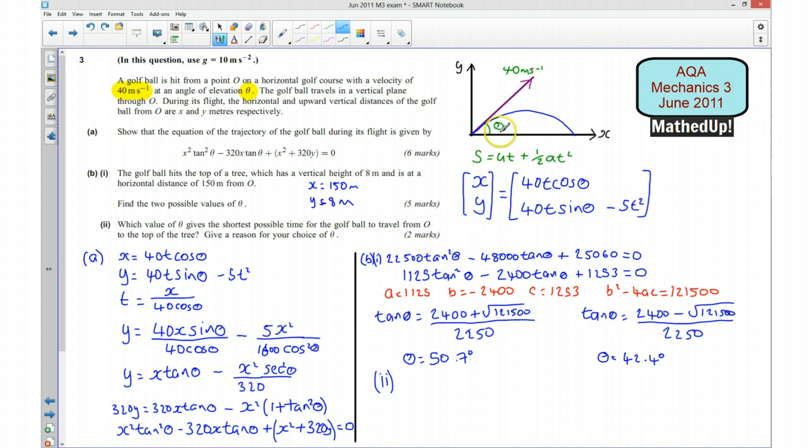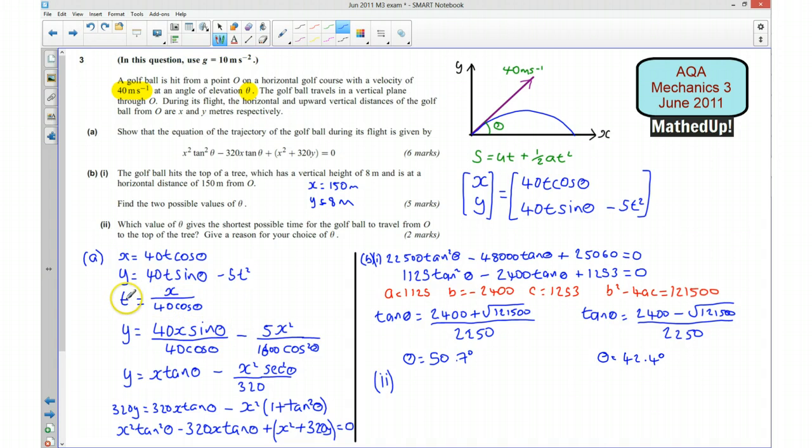The shortest possible time is going to be the one that's closer to the horizontal. So the smaller angle would give us the shorter time, but because we need to give a reason for our choice of theta, I think the easiest way of doing this would be to sub this back into this here.